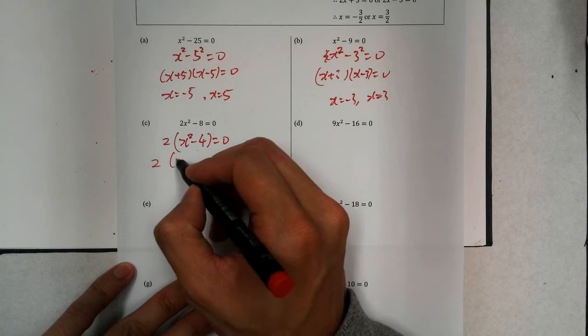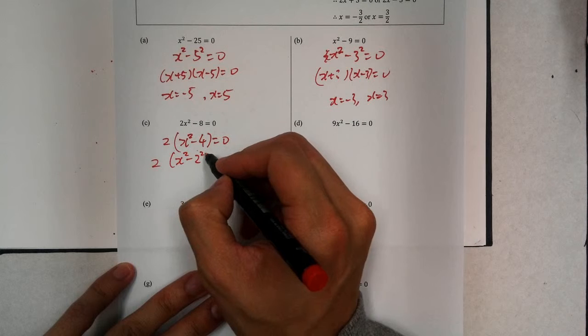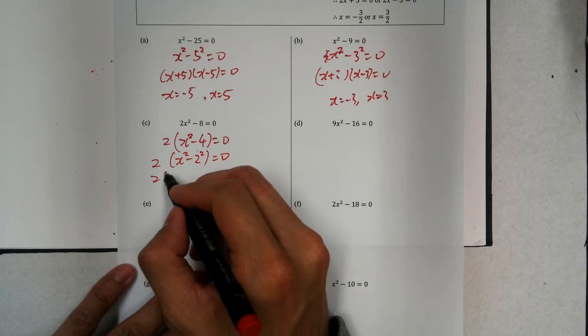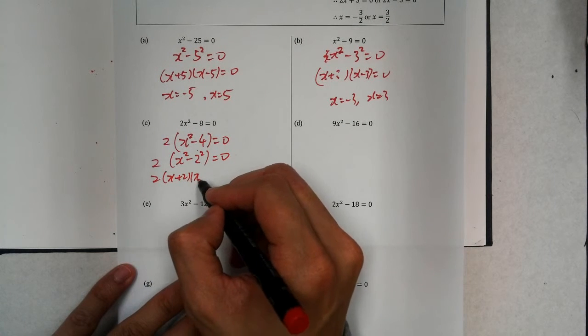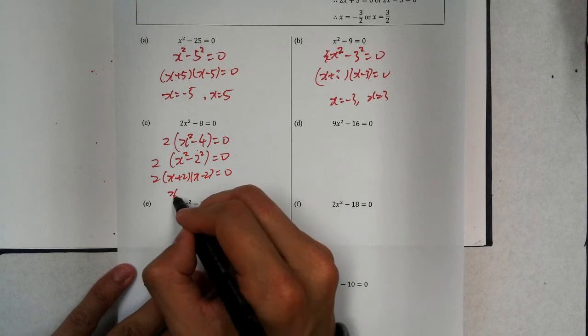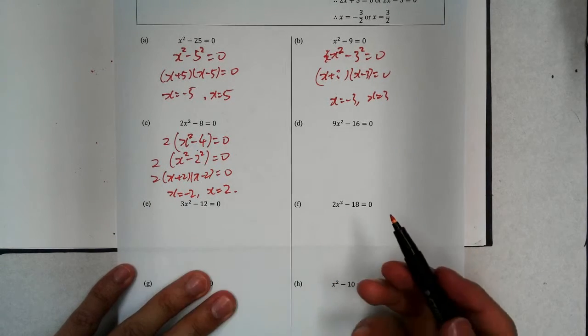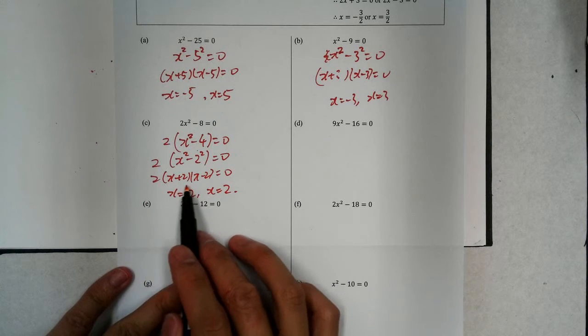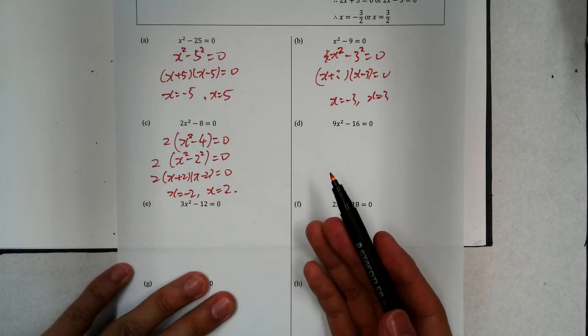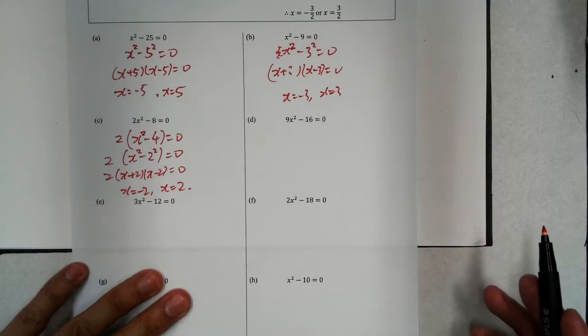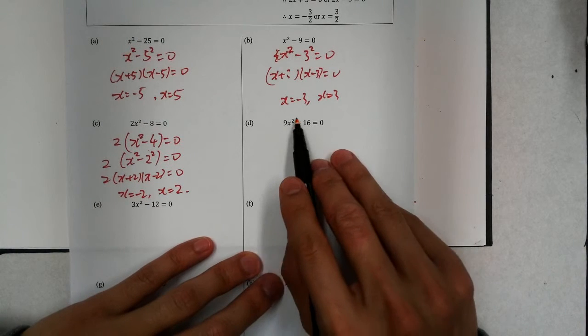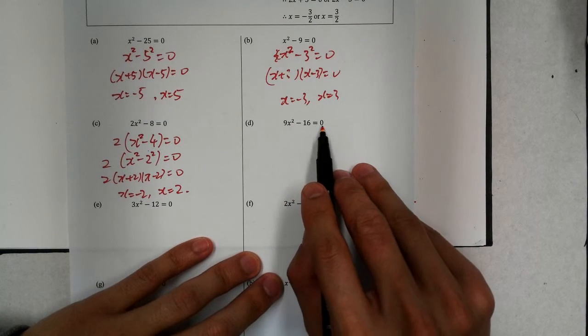So x squared minus 4 is considered x squared minus 2 squared. So now we have x plus 2, x minus 2 equal to 0. So x is negative 2, x is equal to 2. This 2 doesn't make any difference because as long as the bracket inside is 0, 2 times 0 is also 0. Okay?